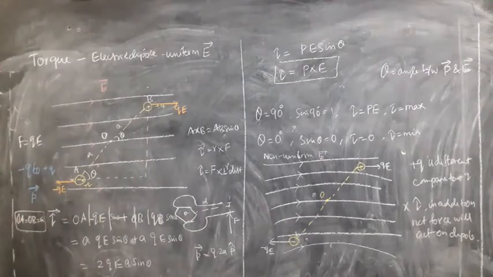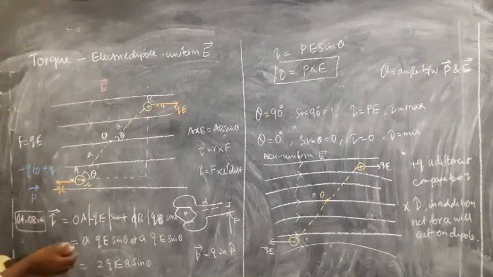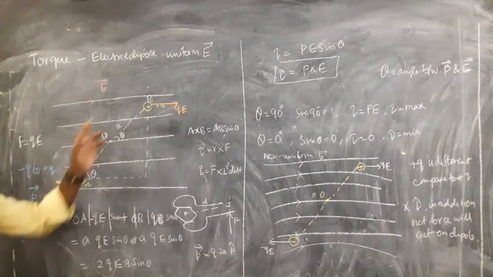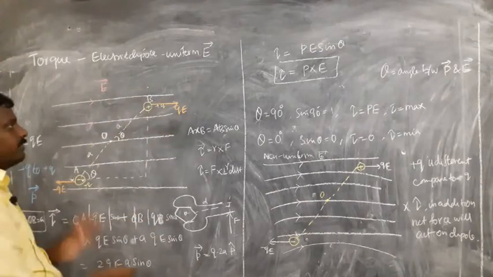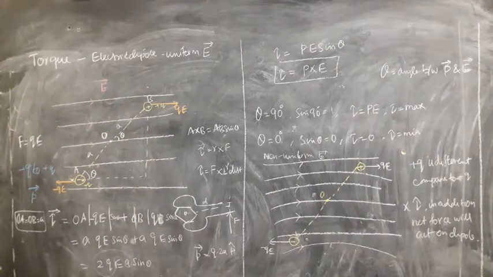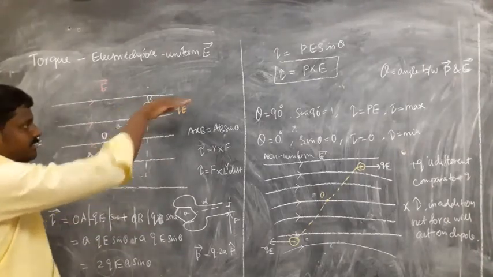So what we have seen: the electric dipole placed in a uniform electric field, we found the torque. Torque is a rotating effect. We are applying two equal and unlike forces acting at two different points of a dipole, which constitutes a rotating effect. What is the direction? It acts in this direction.